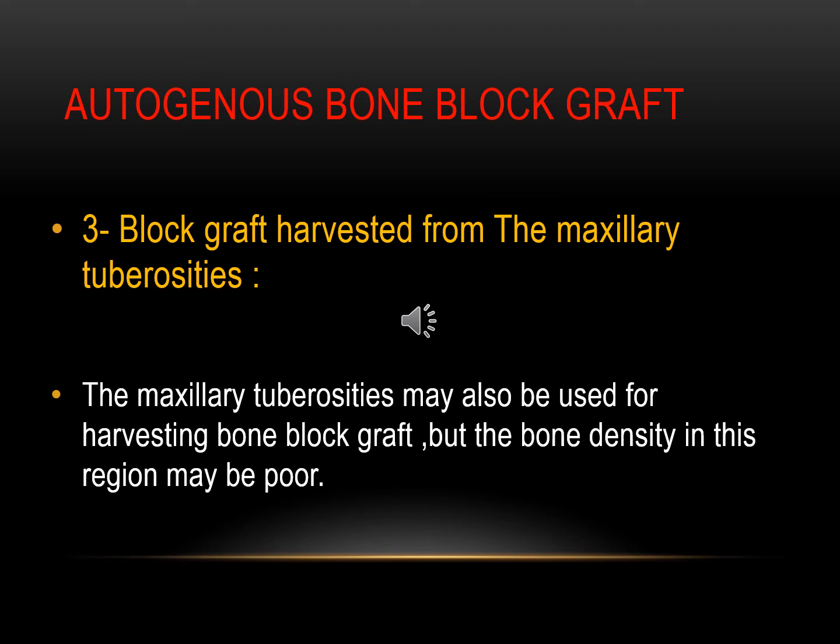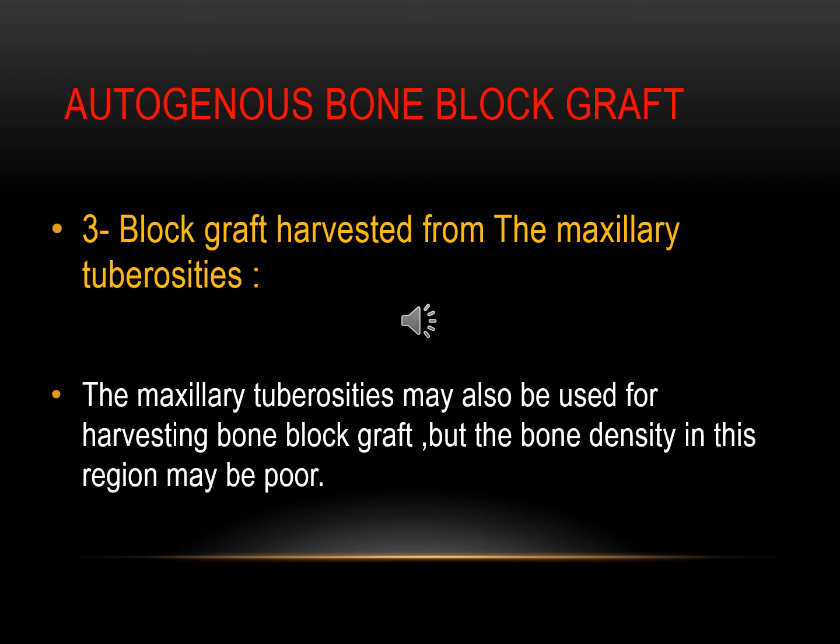The third site of harvesting the autogenous bone block graft from intraoral location is block graft harvested from the maxillary tuberosity. In the same way of taking the bone graft from the retromolar area, we can take the bone graft using a trephine or another instrument from the maxillary tuberosity.